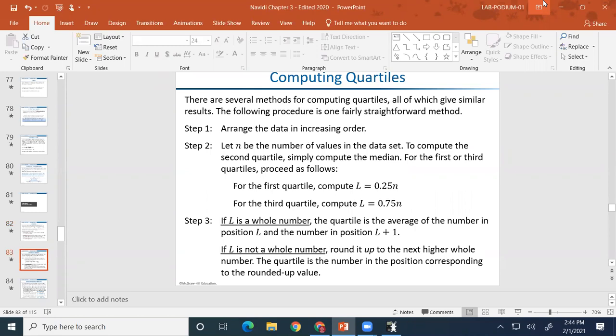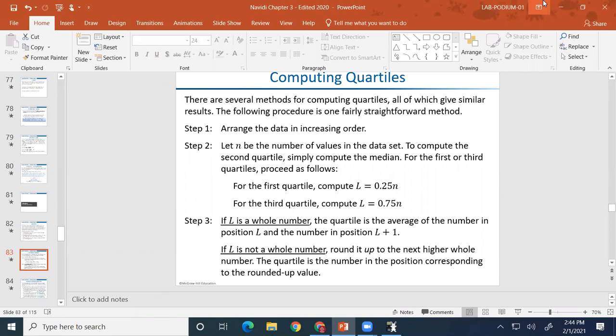All right, so they show us a way to calculate the quartiles, and it's essentially by position. What we will do is take the number of pieces of data, which is what N is always in this class, and then to find the first quartile, we multiply by 0.25.